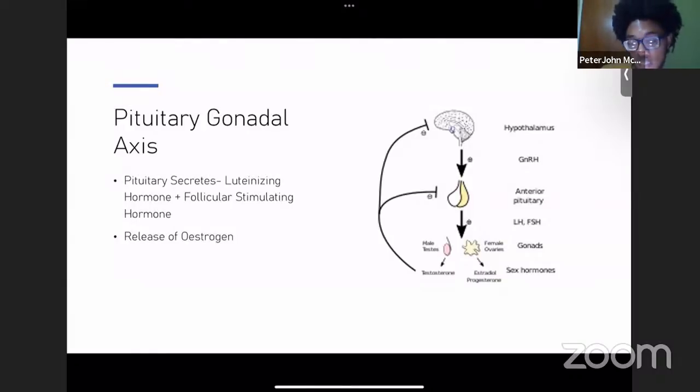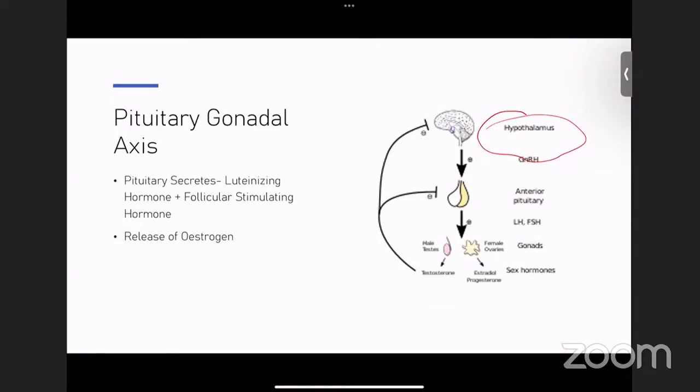So let's do this now, the pituitary gonadal axis. Ignore this part. From the pituitary gland, you get LH and FSH. What does LH mean? Luteinizing hormone. What does FSH mean?